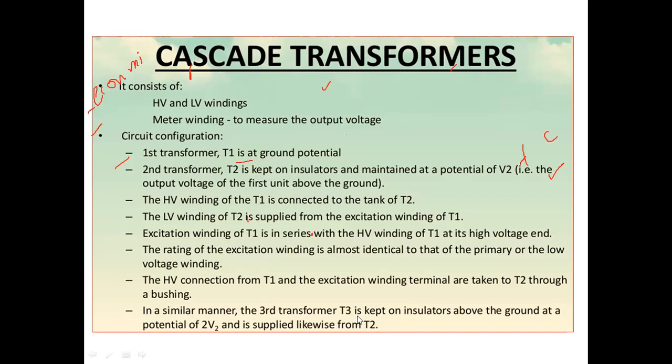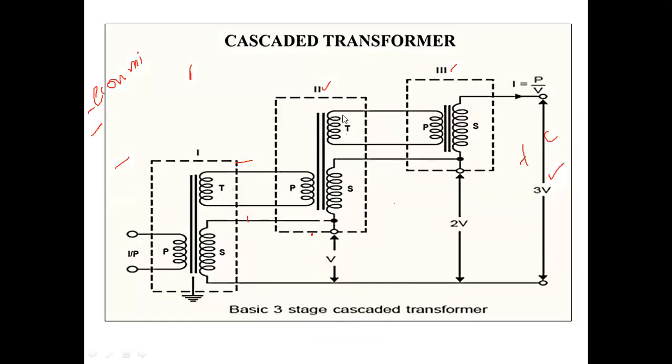The third transformer T3 is kept on the insulator above the ground at a potential of 2V2 and is supplied likewise from the T2. Supplied likewise means we have again used the excitation winding of this side of the transformer as a primary for the third transformer.